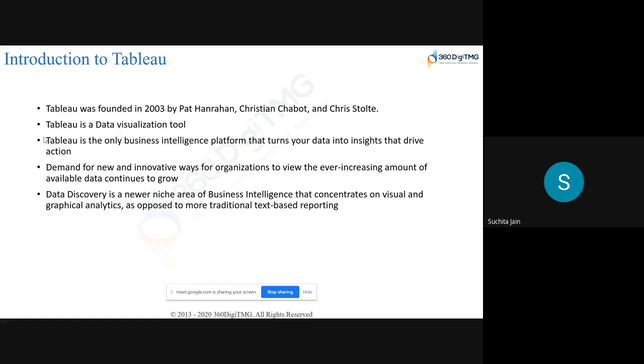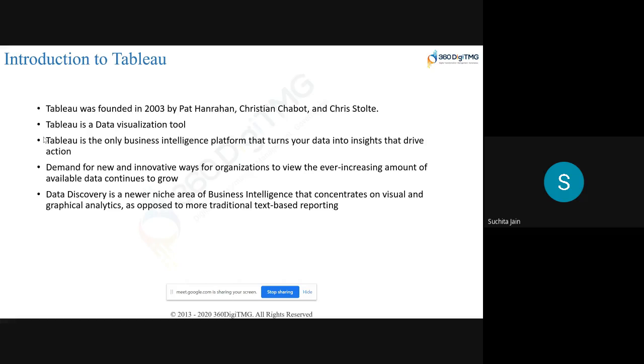Only capturing the data will not help any company until they convert it into insightful information and then take decisions. That's why Tableau is a business intelligence tool, software, or platform, however you want to refer to it. It helps you take better business decisions.